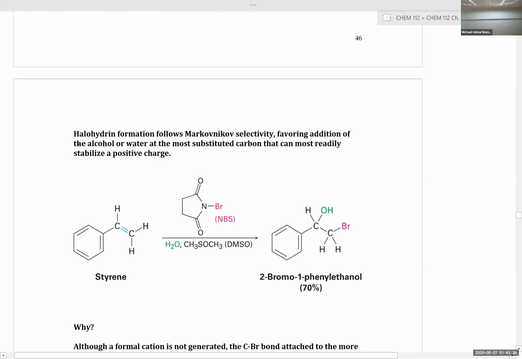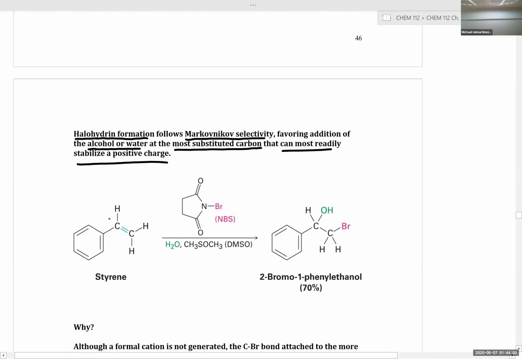So halohydrin formation, just like alkene addition, although halohydrin formation doesn't proceed through a formal carbocation, it still follows Markovnikov selectivity, where addition of alcohol or water occurs at the most substituted carbon that can most readily stabilize a positive charge.